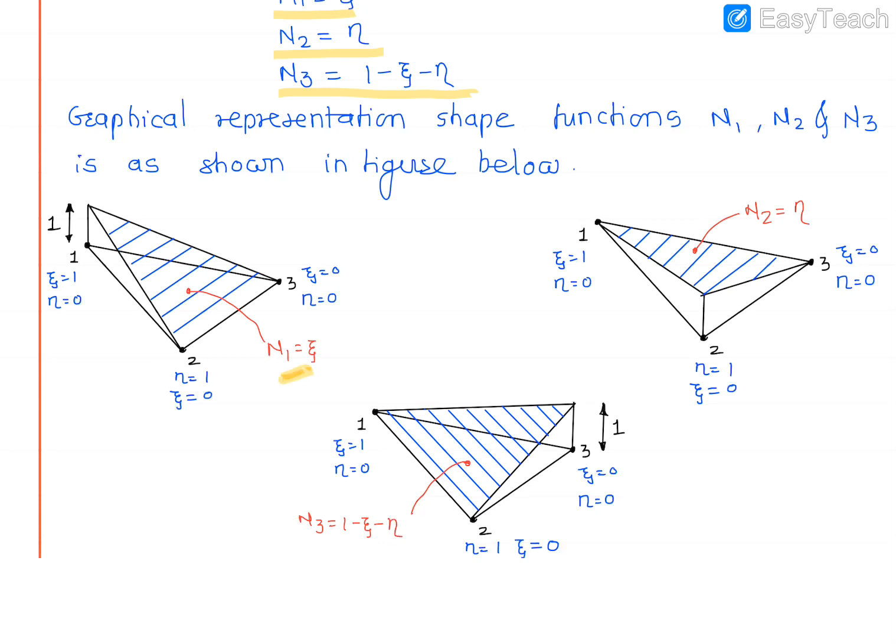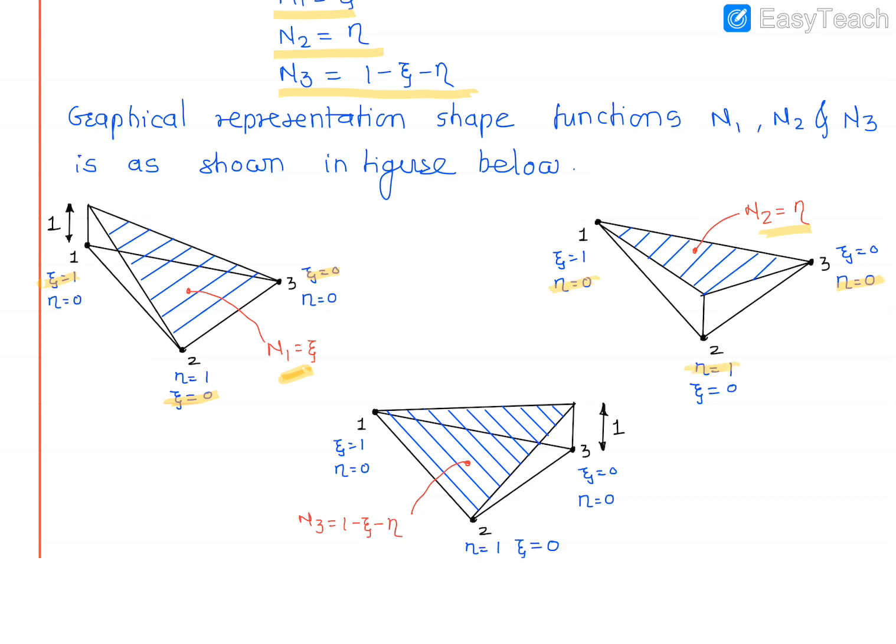N1 is equal to zeta means only at node 1 zeta is equal to 1, and at the rest of the places zeta is 0, which will be represented like this. N2 is equal to neta. In that case, at node 2 neta will have value 1, whereas at the other two places it will have value 0.